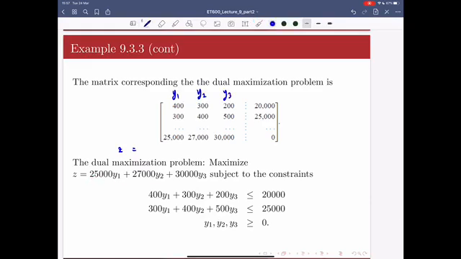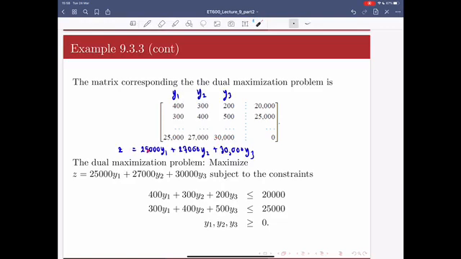So we want to maximize z, which is 25,000 times y1 plus 27,000 times y2 plus 30,000 times y3. The coefficient of y1 is from this spot of the bottom row, the coefficient of y2, 27,000, is from this spot, and 30,000 is the coefficient of y3.